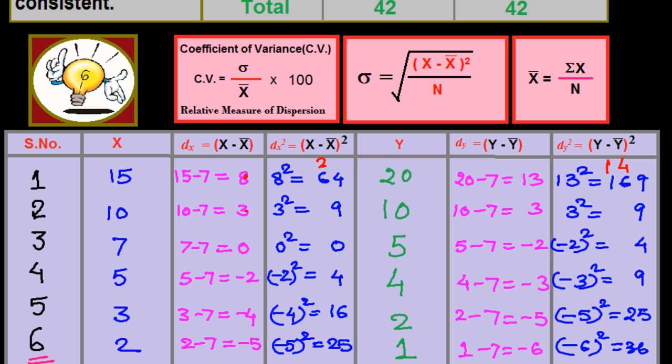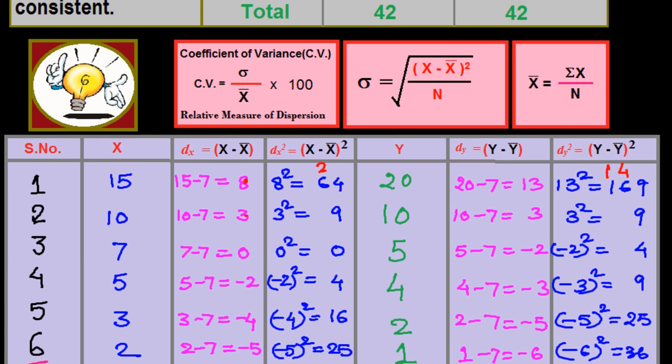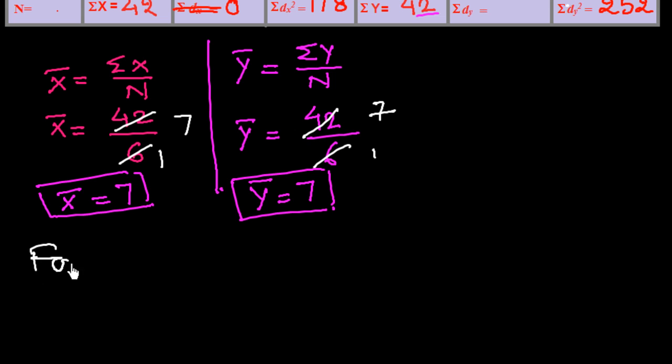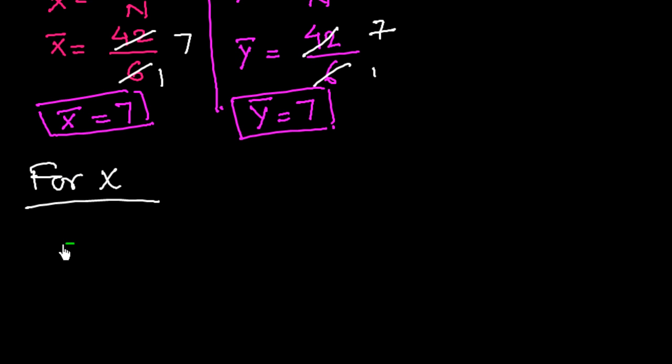So I write down for x and for y. For x, sigma is equal to the square root of summation of dx square over n. So we put down here values.